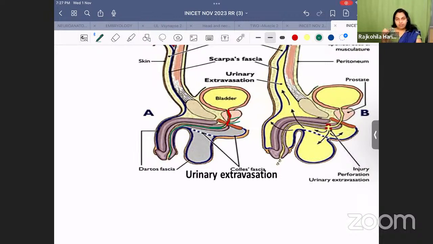With rupture of the membranous urethra, the urine will collect in the deep perineal pouch and in the space around the prostate and bladder. Whereas with rupture of the bulbar and penile urethra, the urine is going to collect in the superficial perineal pouch, around the scrotum, around the penis, and it can also extend into the lower part of the anterior abdominal wall.